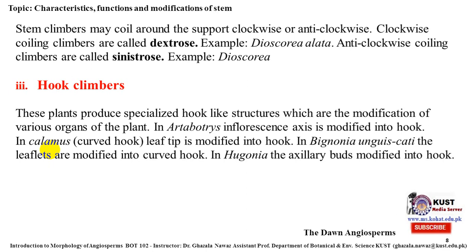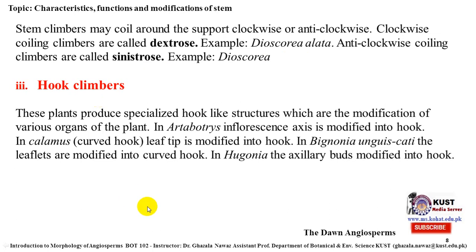For both, the example is Dioscorea, in which there are two types of stem climbers, clockwise and anticlockwise, called dextrorse and sinistrorse. The next type of climber is the hook climber.